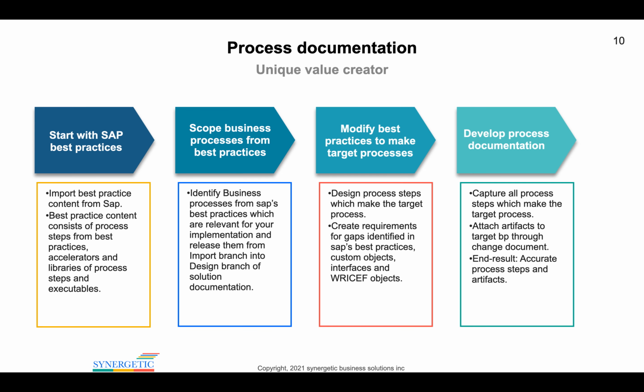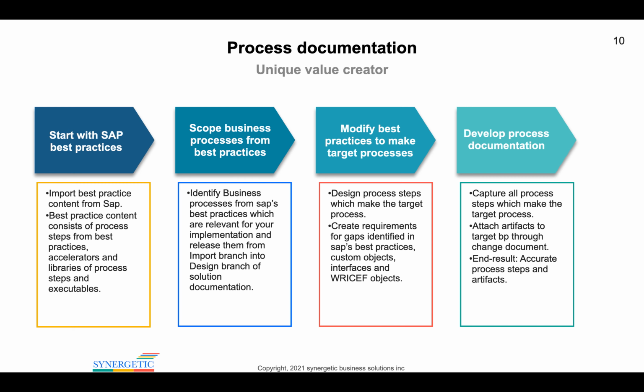The next one is process documentation. Process documentation is a platform to consume best practices. As Activate is a methodology, process documentation is a platform and part of Focus Build. It's a platform where you can start with best practices and design your target business processes.